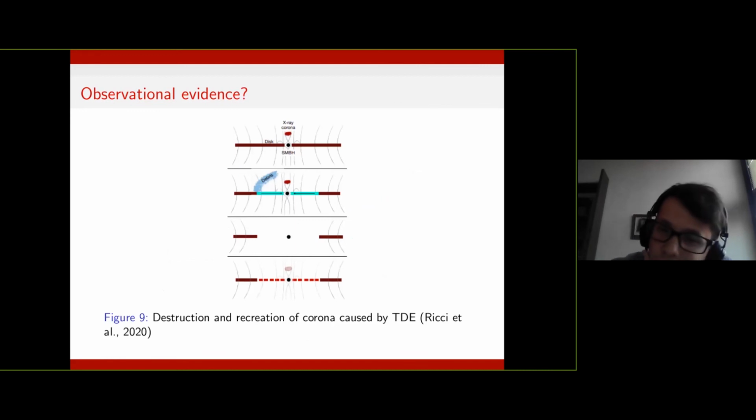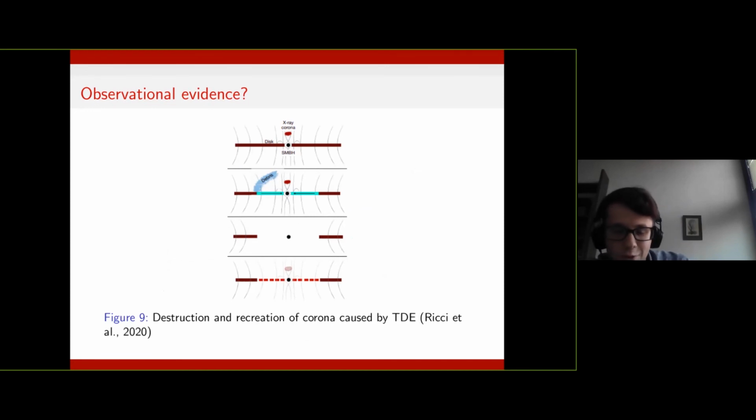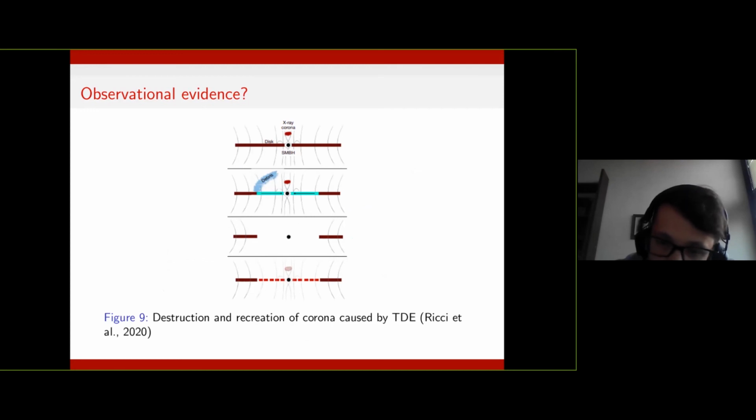So recent observations show that a possible tidal disruption event might have been present in an AGN, which caused a drastic X-ray property change of the radiation, first discussed by Ritchie et al. in 2020.